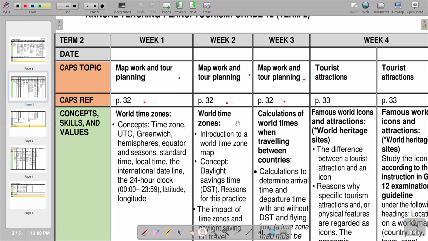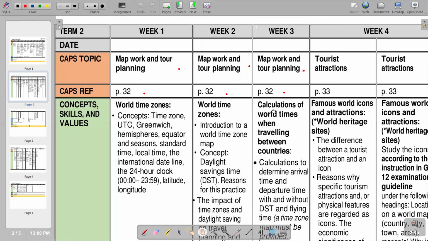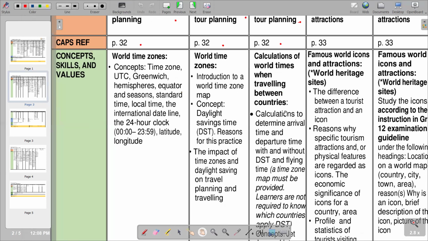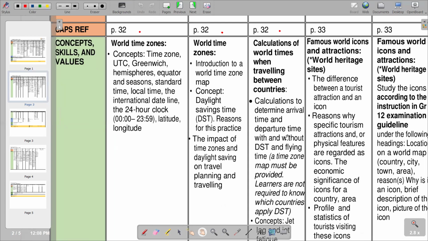So we move on to week three again, still looking at map work and tour planning, and also the same CAPS ref. But we are going to look at the concept of calculations of world times when traveling between countries. We are going to go through calculations to determine arrival time and departure time with and without DST and flight time.